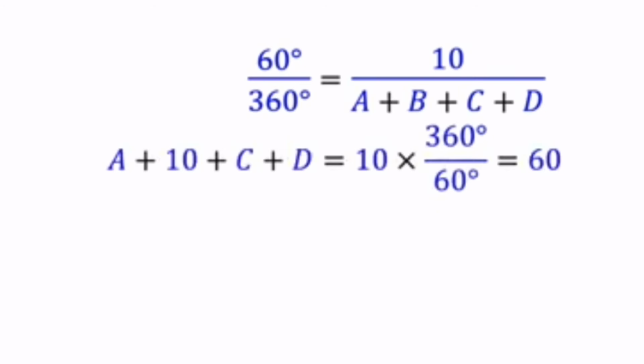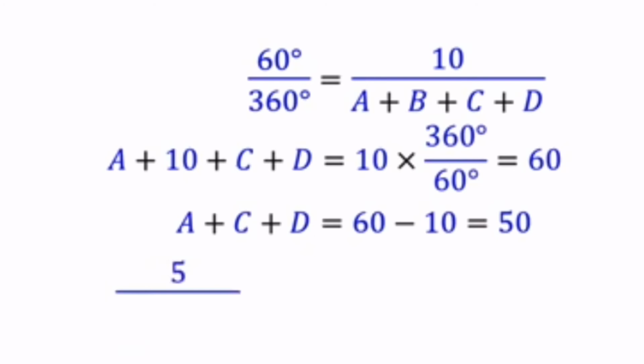So hence we can find the answer for the A plus 10 plus C plus D is equal to 60. Hence A plus C plus D is equal to 60 minus 10, which is equivalent to 50.